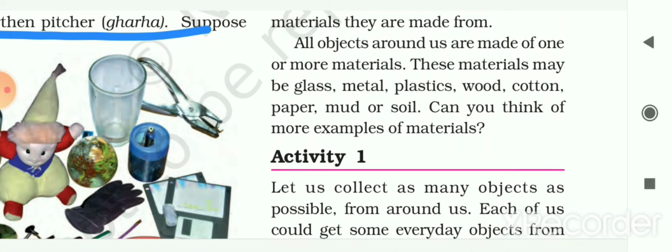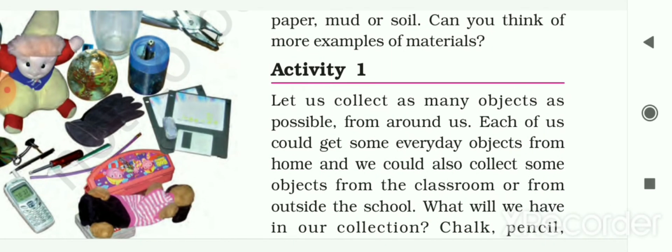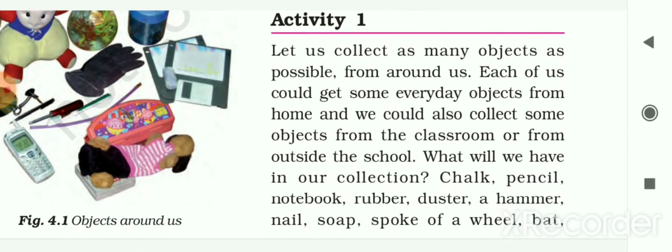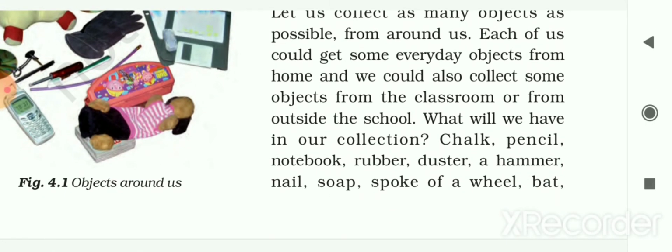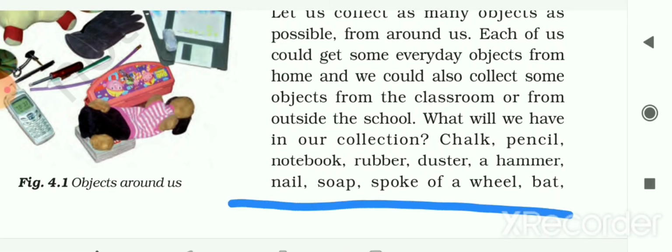Activity 4.1. Let us collect as many objects as possible from around us. Each of us could get some everyday object from home, and we could also collect some objects from our surroundings.